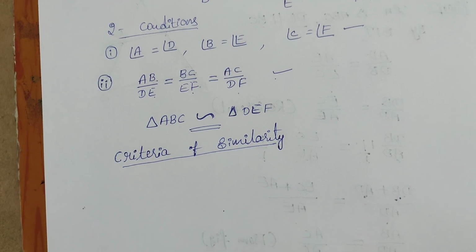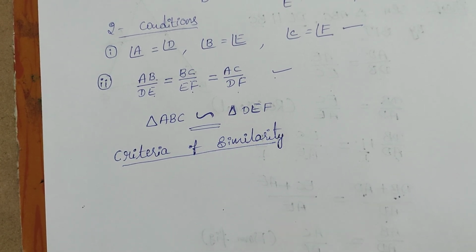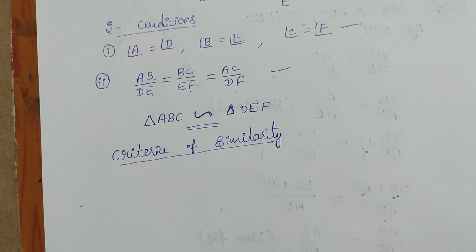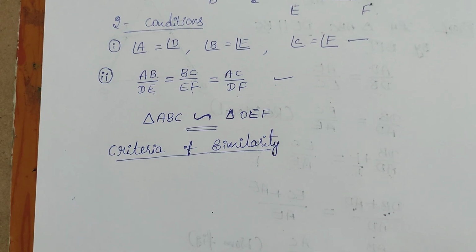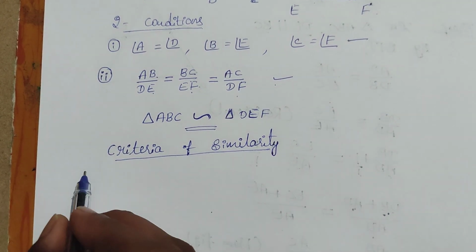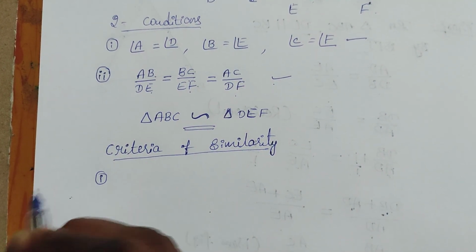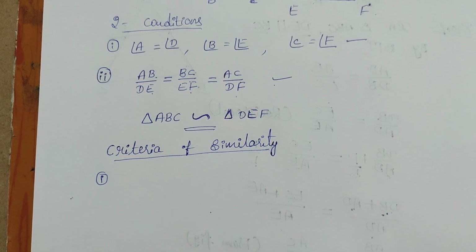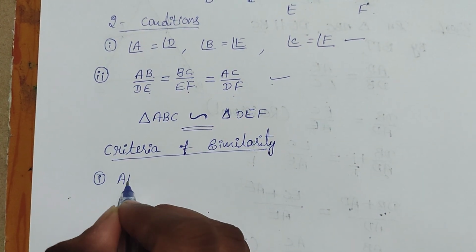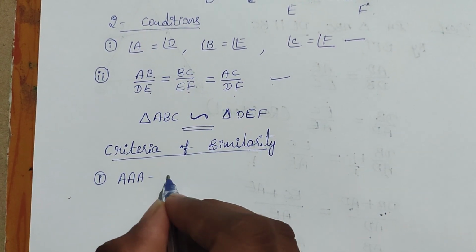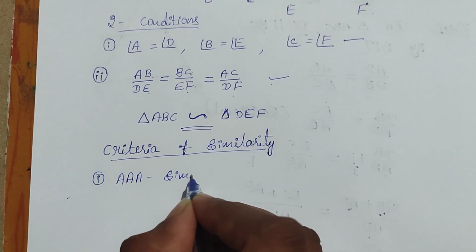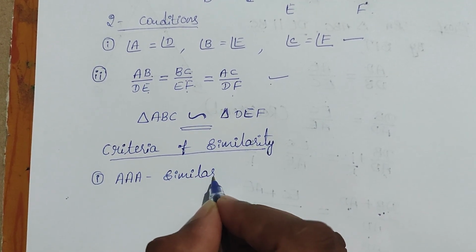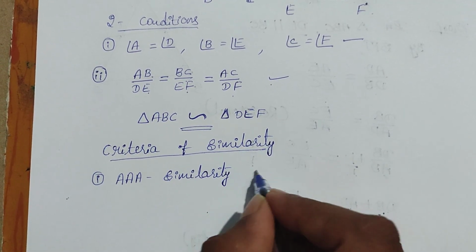In the same way, here also we have to study about criteria of similarity. There are three criteria here. The first one is the AAA similarity criteria.